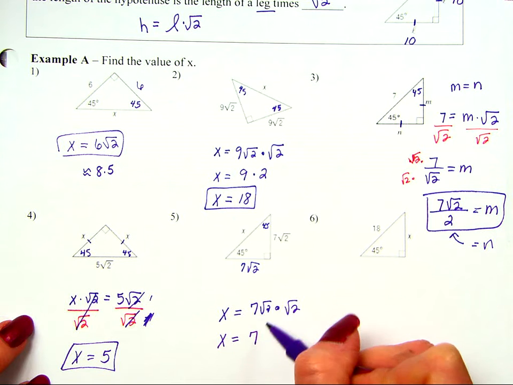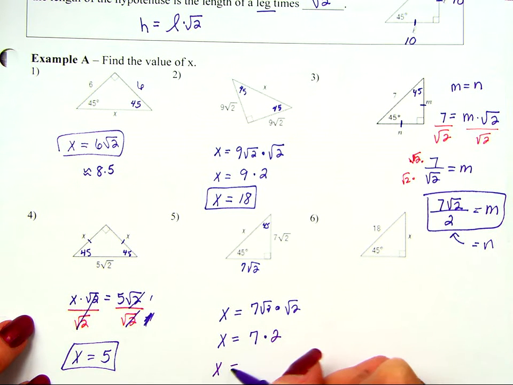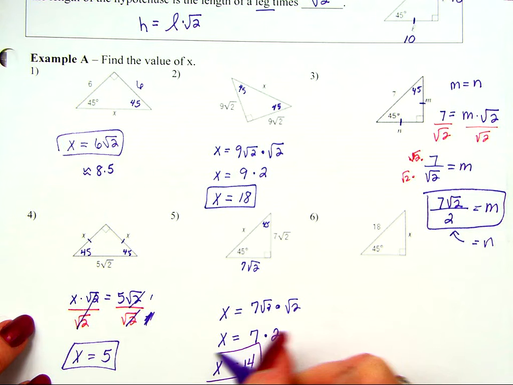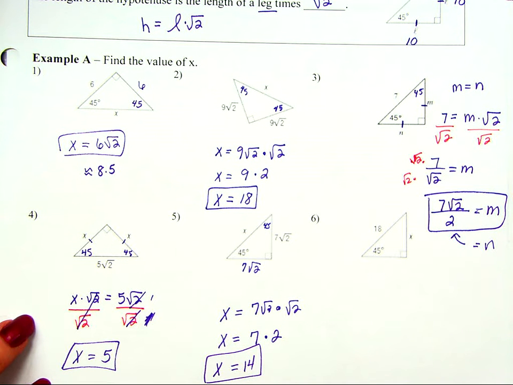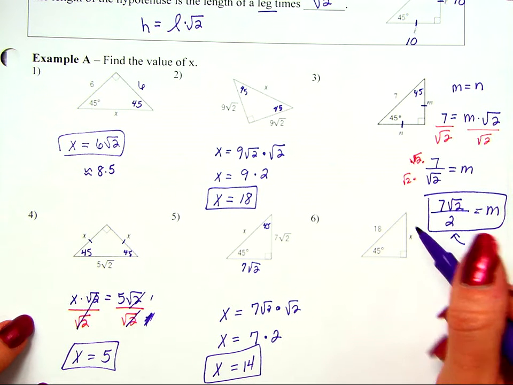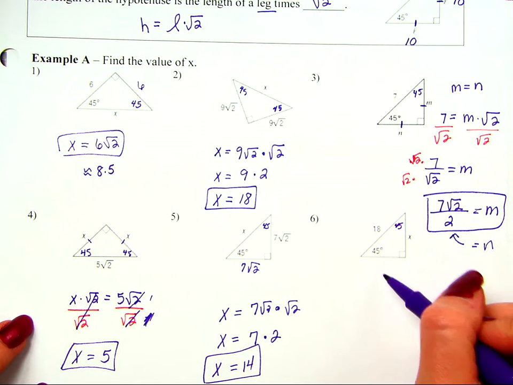Well, this would really give me root 2 times root 2 is a 2. And so in the end, we end up with a hypotenuse of 14. So I think it's easier just to think about whether you are multiplying by root 2 or whether you are dividing.